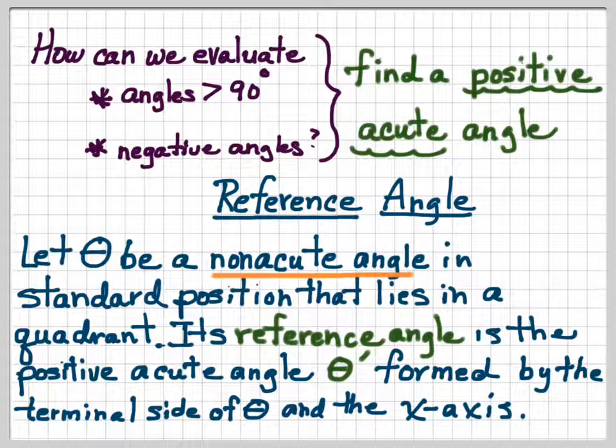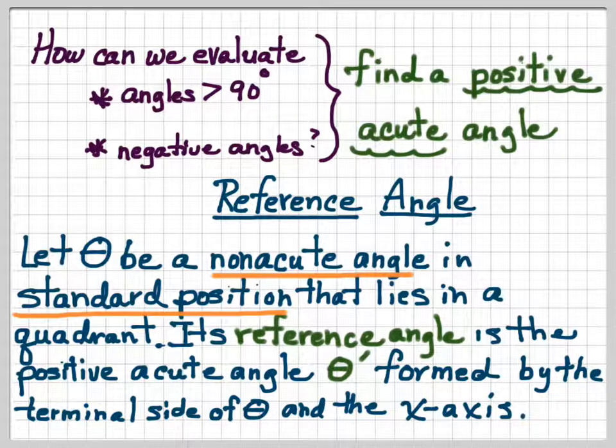And we want to talk about a non-acute angle. That's going to be an angle that is either more than 90 or less than 0. We're going to right now talk about those that are more than 90, and specifically more than 90 and less than 360 to get started here.